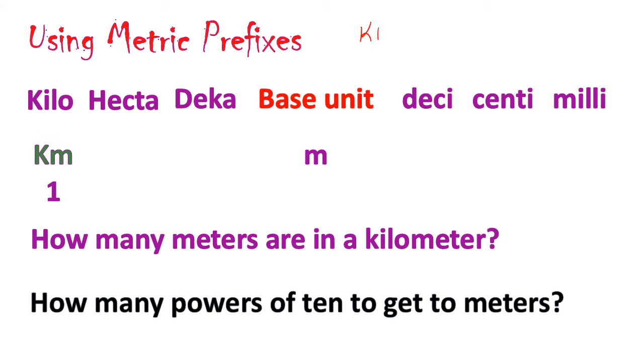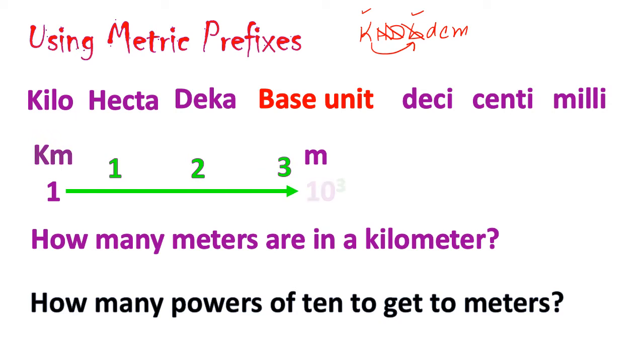Well, we've got King Henry died by drinking chocolate milk. It's really important to me that you know this. Yes, we're going from king to the base. So how many steps to go from here to there? Let's find out. You don't count the step you start on, so there's 1, 2, 3 steps. And because this is all based on a power of 10, we can say there's 10 to the third meters in 1 kilometer.